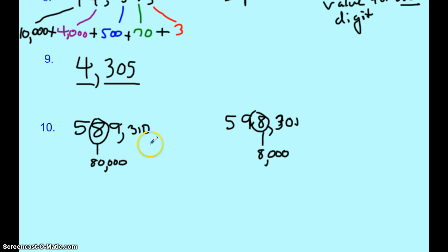And we know that the place value to the left is always 10 times larger. Or as we can see, if we multiply 8,000 by 10, we would equal 80,000.